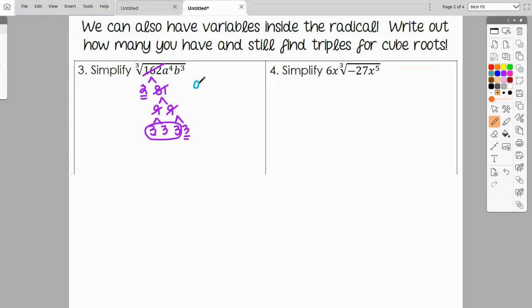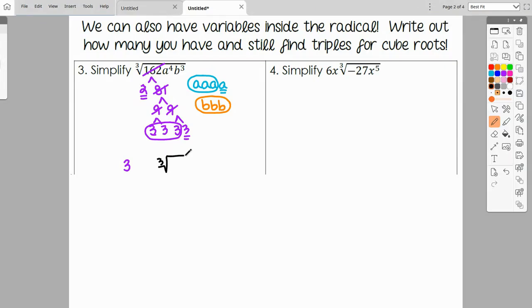Writing out my a's, I have 4 of them here. I triple up as many as I can, and I have 1 left over. Same thing with the b's. I have 3 there, so I write 3 out, and I triple them up. It looks like none will be left inside. Everything I tripled up goes outside. The triple of 3's.